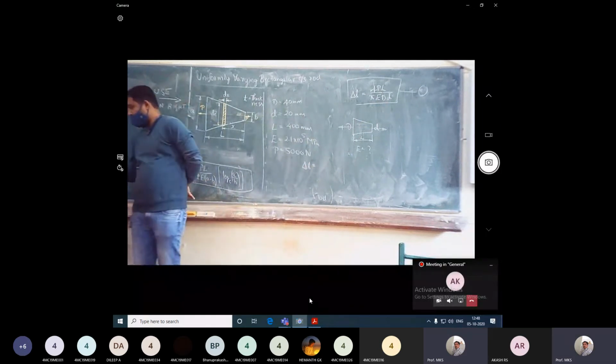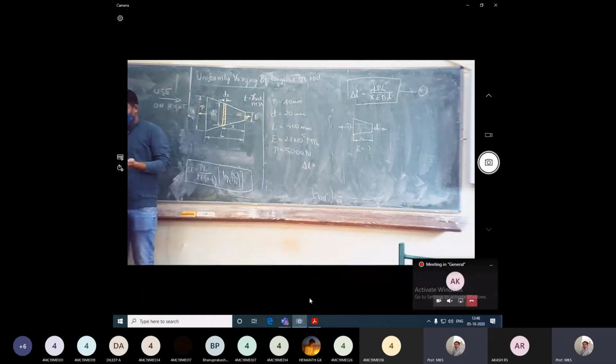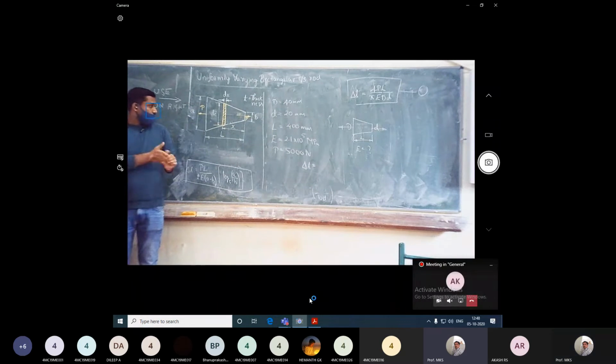So before substituting, confirm that all the units are the same. All the units are in single units.